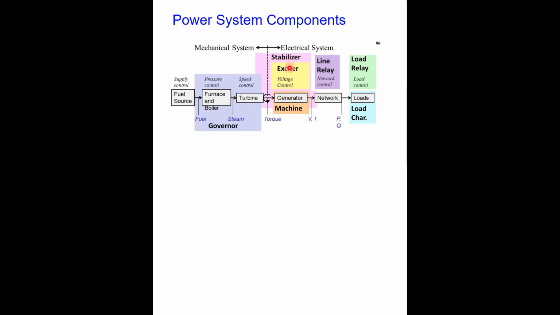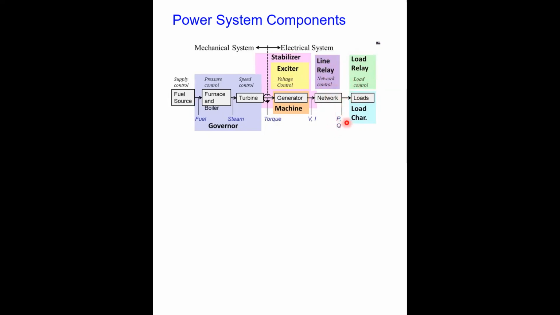So you have the controller, exciter systems, the voltage regulator basically, and then the stabilizer. Then for the network line trip, or the network control, you have the relays in operation. And if you want to have the load setting, you can have the load relay, which will have the load setting applied.